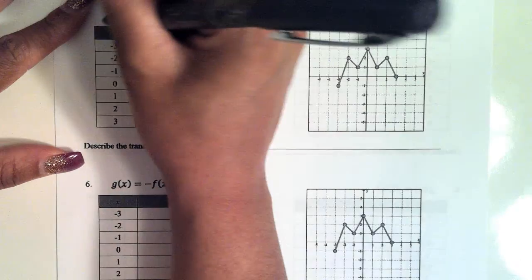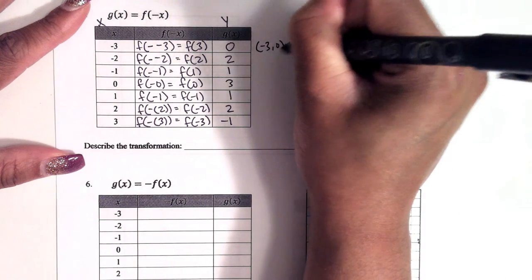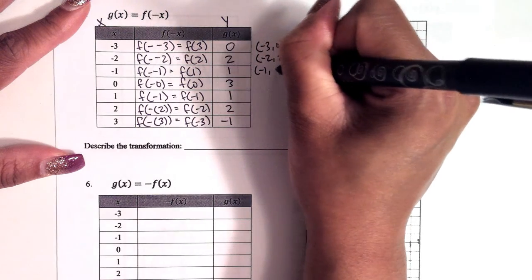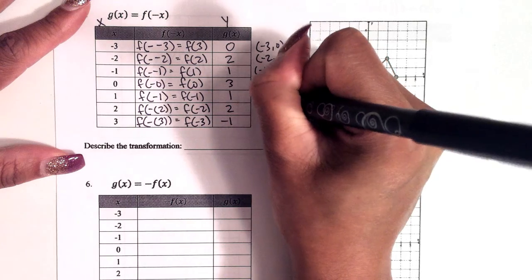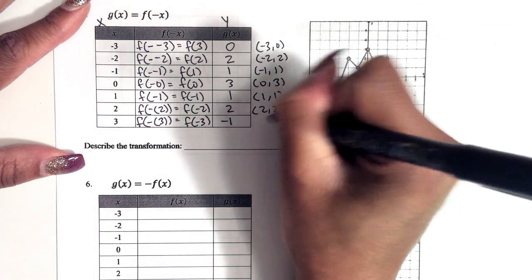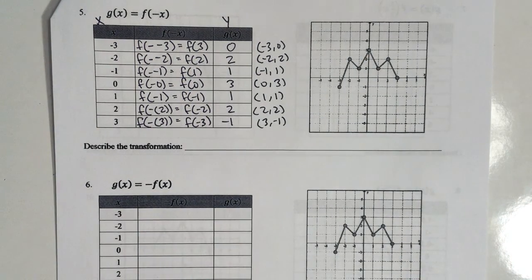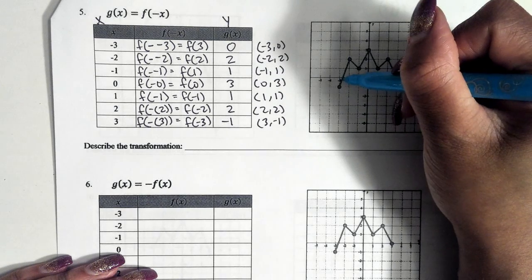So now we have our new input and output, which is -3, 0, -2, 2, negative 1, 1, 0, 3. We have 1, 1, 2, 2, and 3, negative 1. So let's plot our new points. We have negative 3, 0.